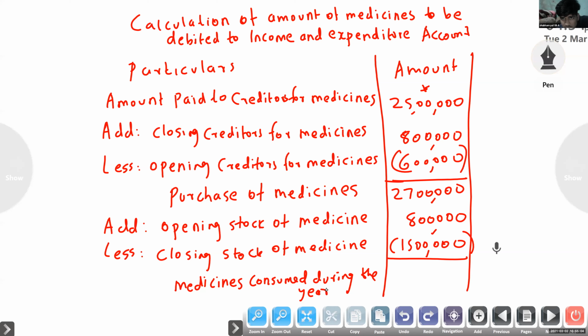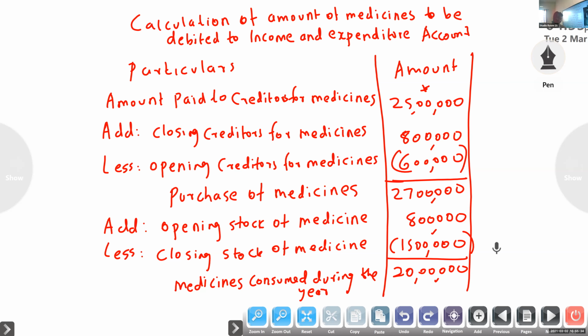No, 27 lakh plus 8 lakh minus 15 lakh. Answer is 20 lakh. Answer is 20 lakh.